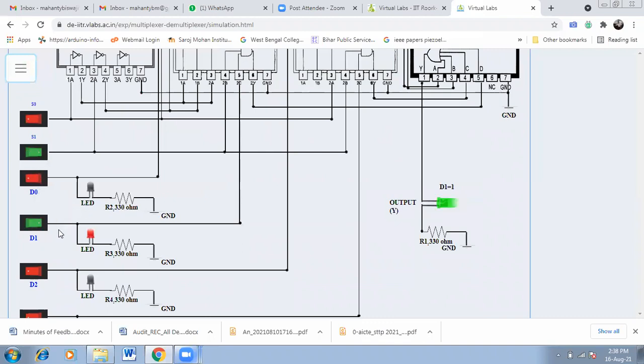Now see, D1 is 1. I have supplied in the data selector 0 and 1. So definitely D1 bit would be selected. So if D1 is 0, output is 0. If D1 is high, see output is high. So that is written D1 is 1. If you put 0, D1 is 0.